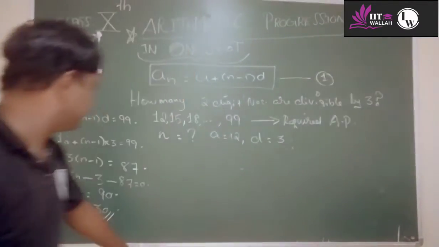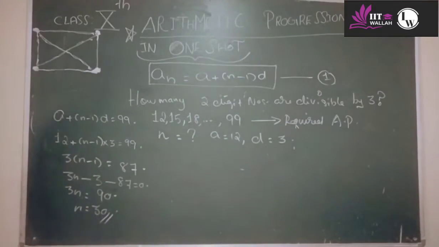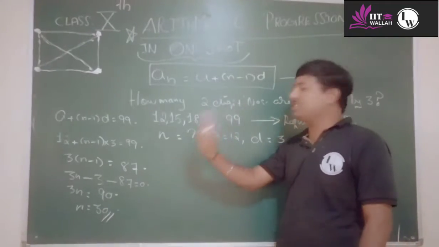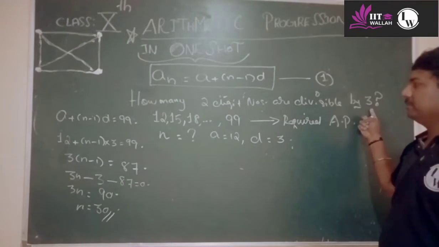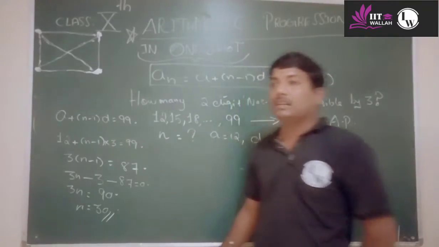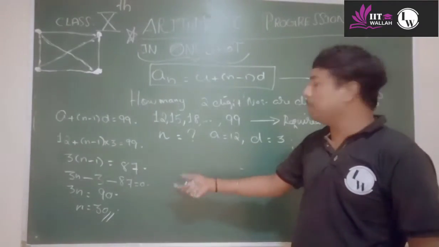So what is the answer? n is 30. So there are 30 two-digit numbers which are divisible by 3.